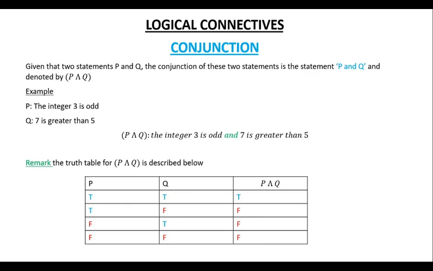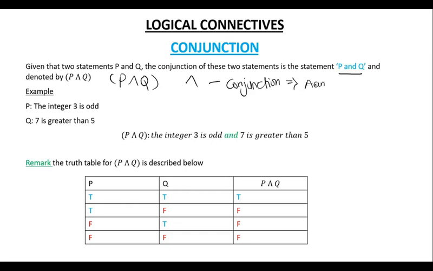Given two statements P and Q, the conjunction of these two statements is the statement P and Q. So it means the conjunction of two statements can be written as P and Q, and it is denoted by the symbol or the phrase P and Q. So it means the inverted V, or this that we have here, is what? The conjunction symbol, and it means what?